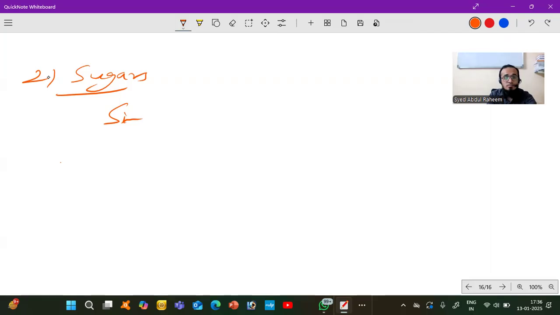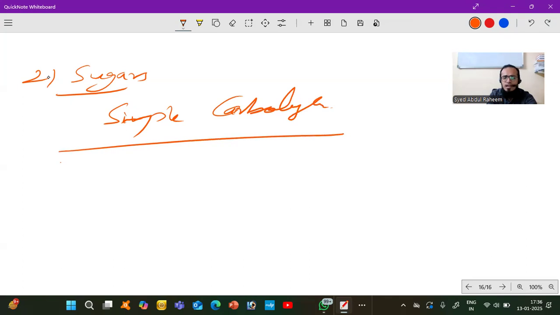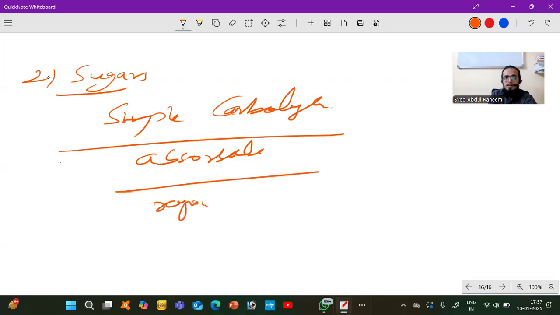But sugars are simple carbohydrates, quickly absorbable, and we will get rapid, instant energy.